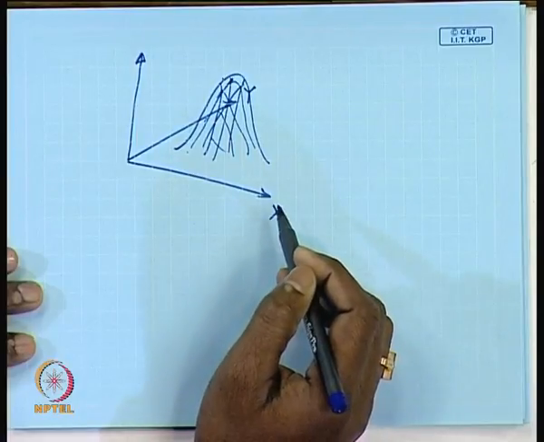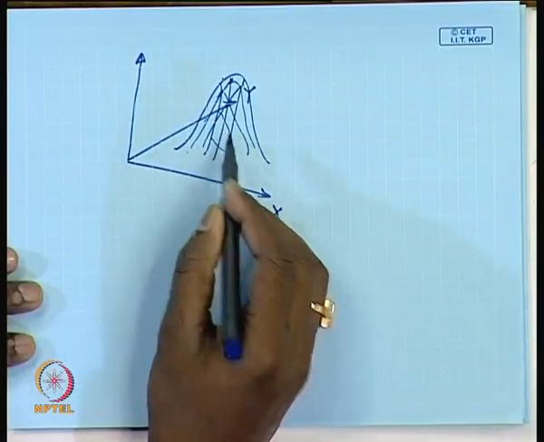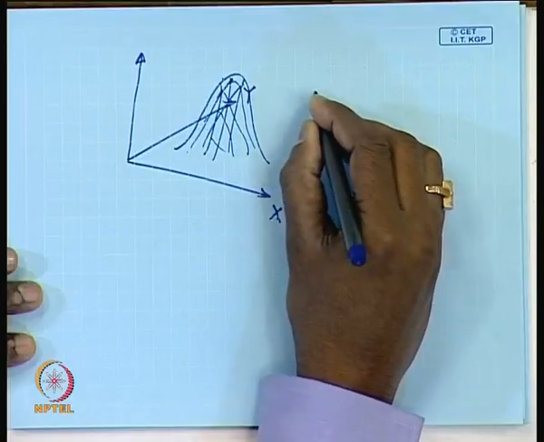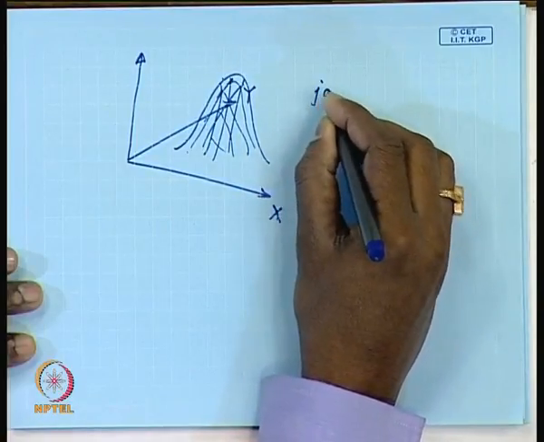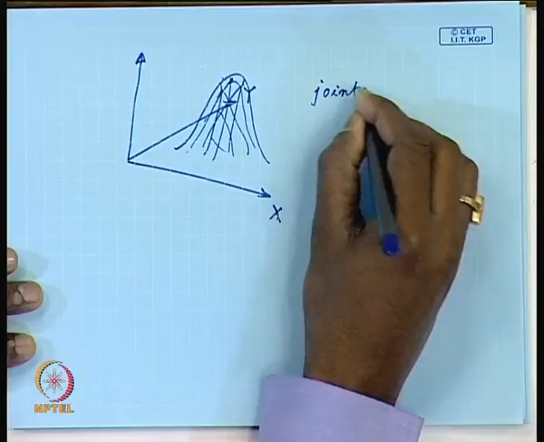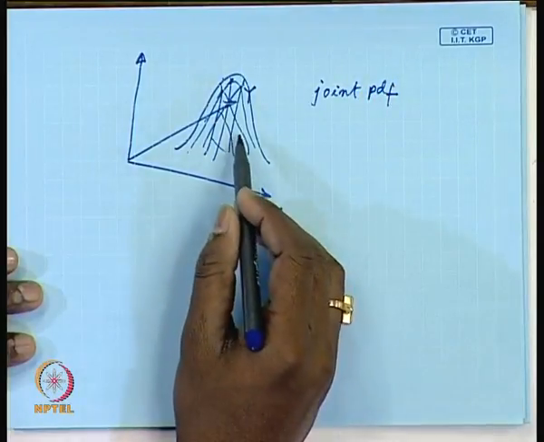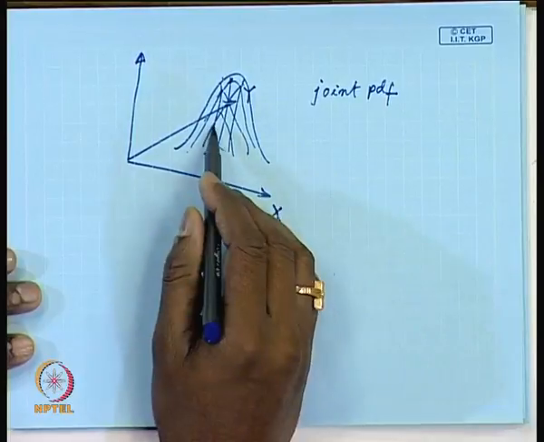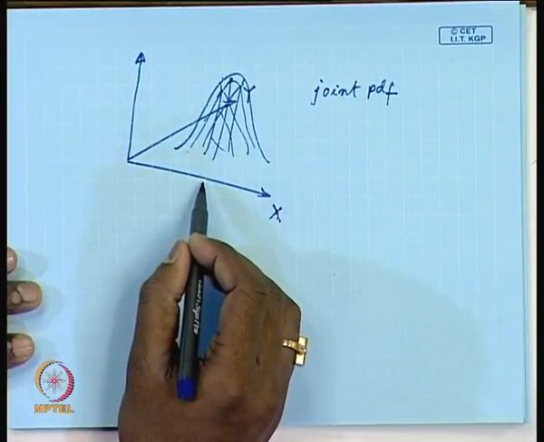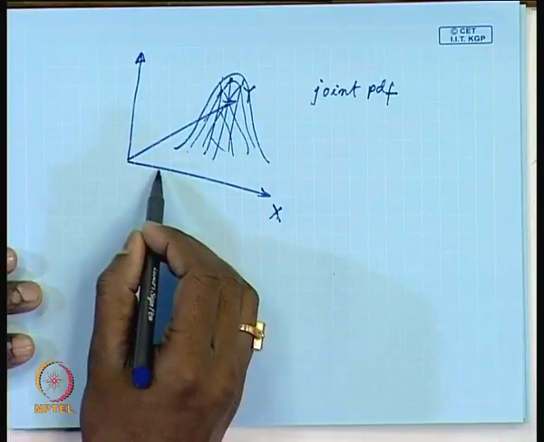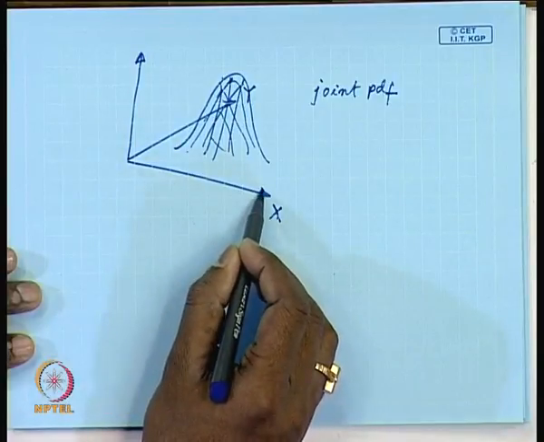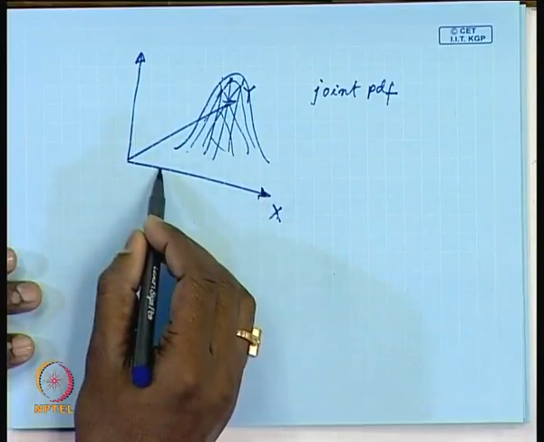So this kind of surface we can get for the joint distribution, and this is what we call the joint PDF that we discussed in the last class. Where the marginal is related is that I just want to know the variation or the distribution of one random variable that is of interest to me.